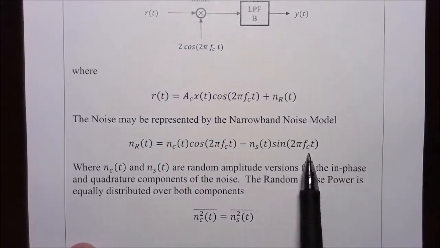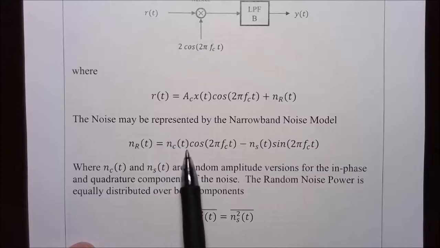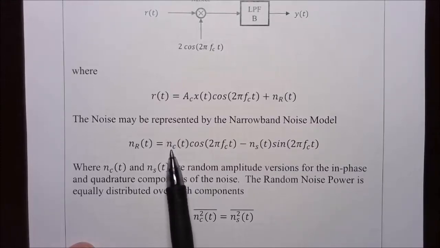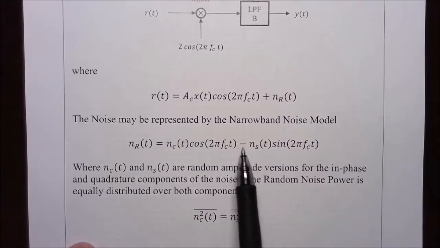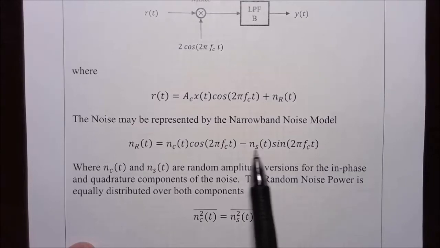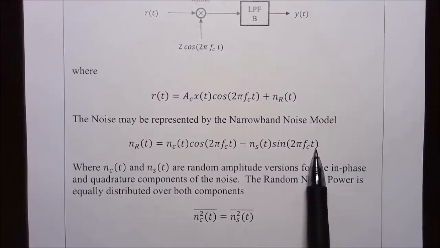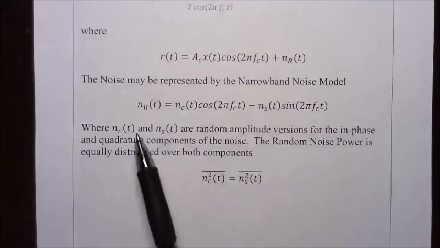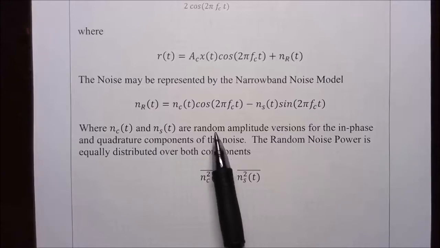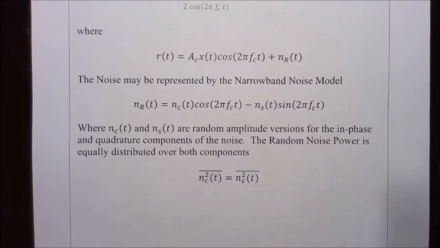And we worked out this model for narrowband noise that involves a random amplitude function multiplying an in-phase cosine summed with a random quadrature phase function multiplying the quadrature phase carrier. N_c of t and N_s of t are random amplitude versions for the in-phase and quadrature components of the noise.